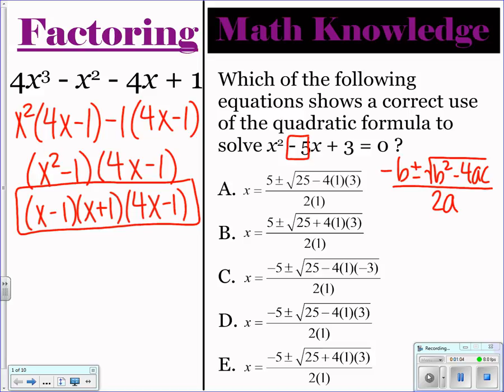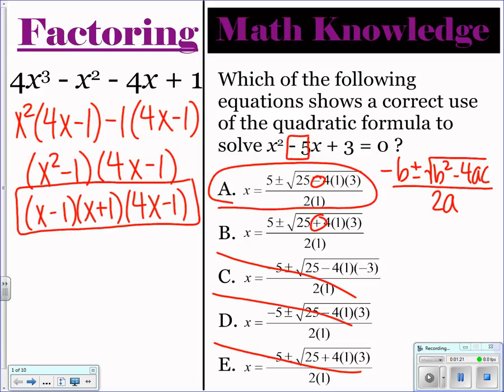Well, that is a positive 5, so that automatically eliminates C, G, and E. So we have 5 plus or minus, negative 5 squared is 25, minus, oh, that one's a minus, that one's a plus. So there's our answer right there. We don't have to go any further. So those are your answers for those two.